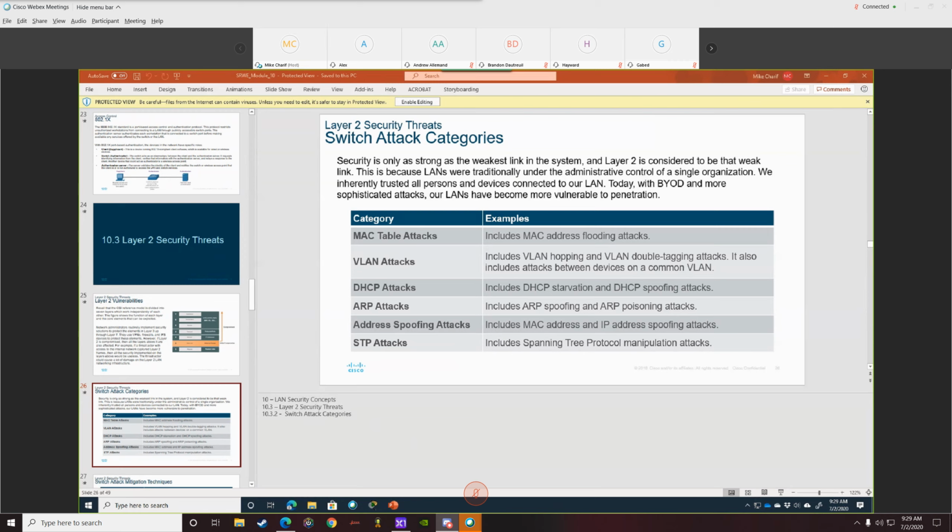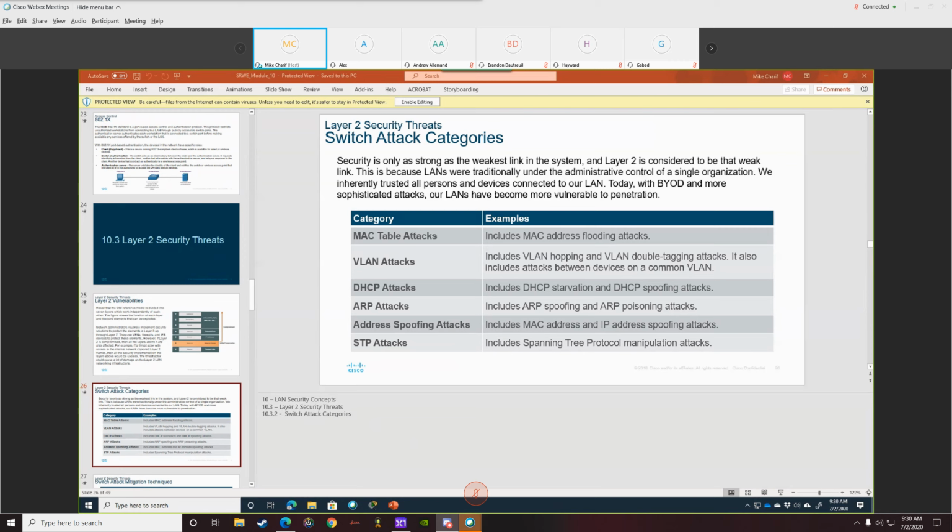The same goes for VLAN attacks, including VLAN hopping and VLAN double tagging attacks, which also include attacks between devices on a common VLAN. That's why you need to take care of layer 2, because there's a lot of vulnerability.